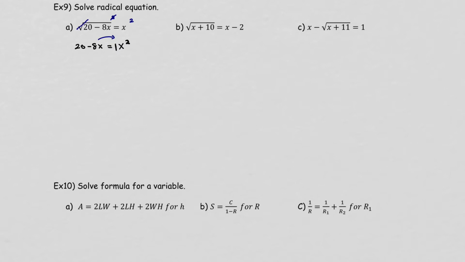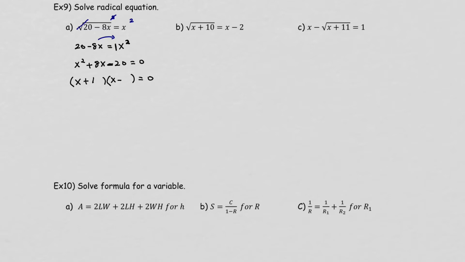So it means we want to move everything to the right side. If I move everything to the right side, then I will have x squared plus 8x minus 20 equals 0. That's standard form. And then let's see if we can factor. I know this is going to be factorable because x times x is x squared, with different signs: one is positive, one is negative.